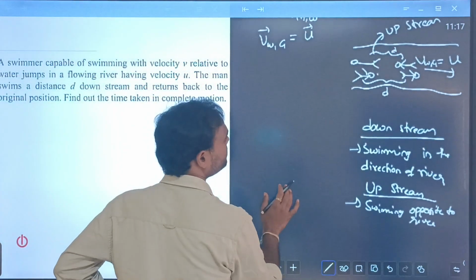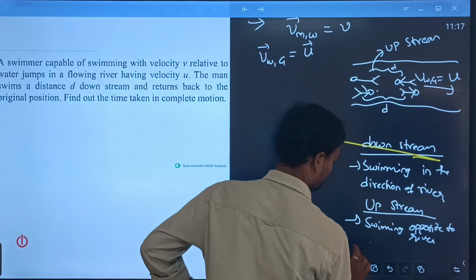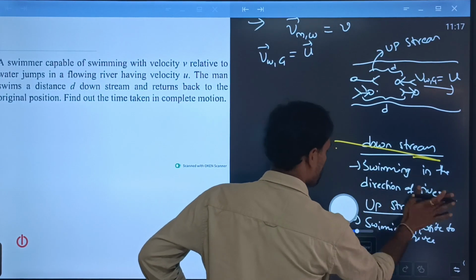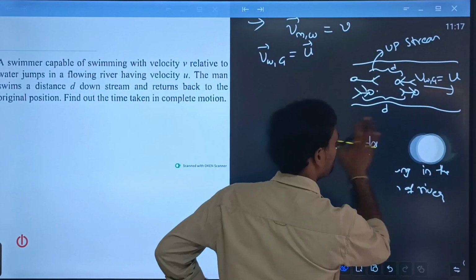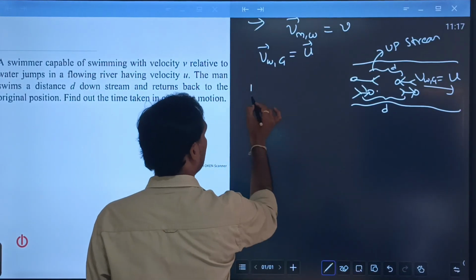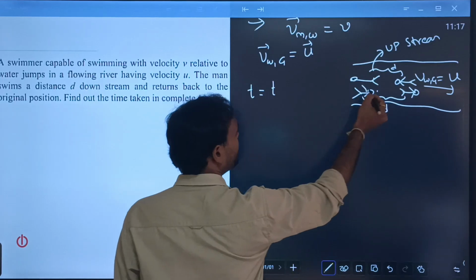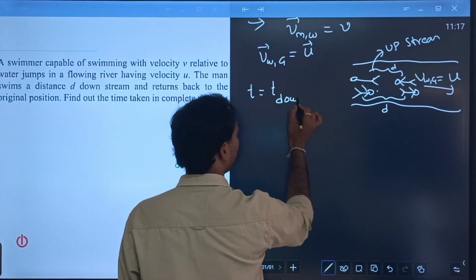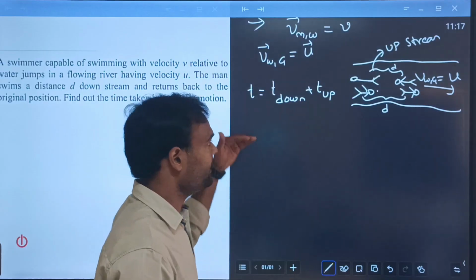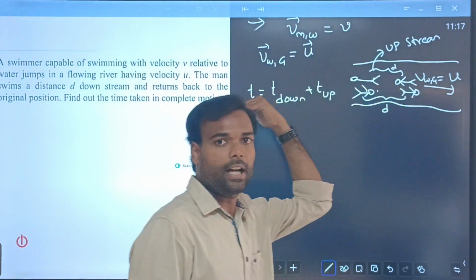Now, time taken is equal to time taken for downstream plus time taken for upstream. Okay, time taken for downstream, time taken for upstream.